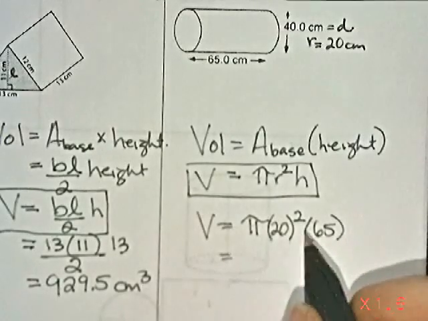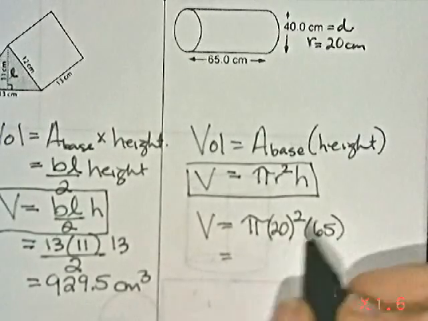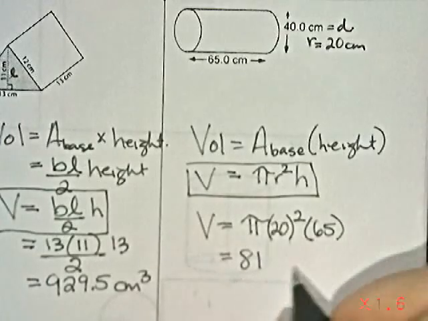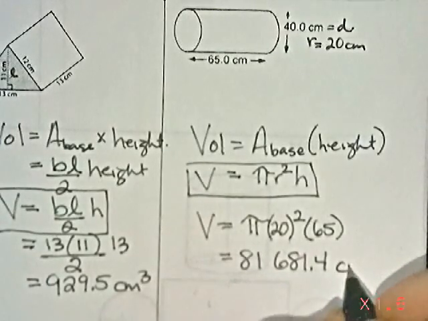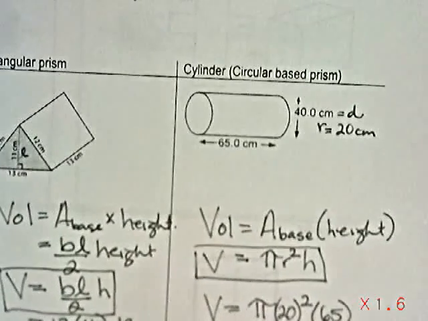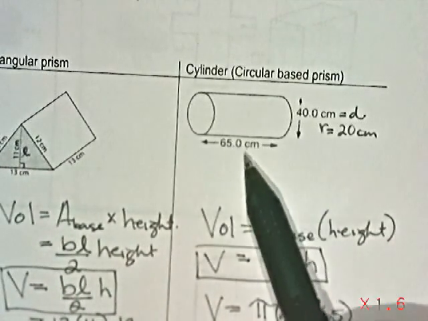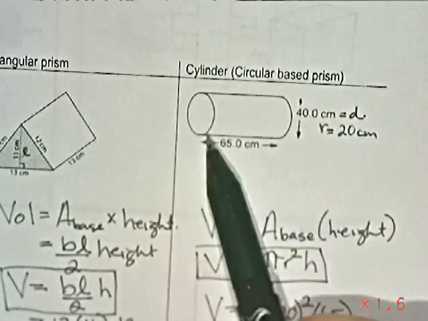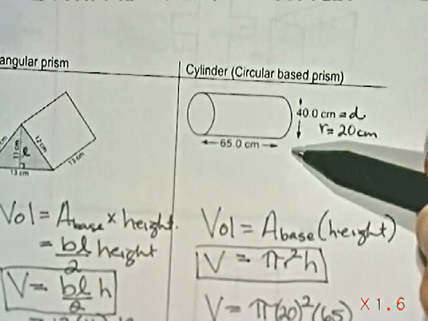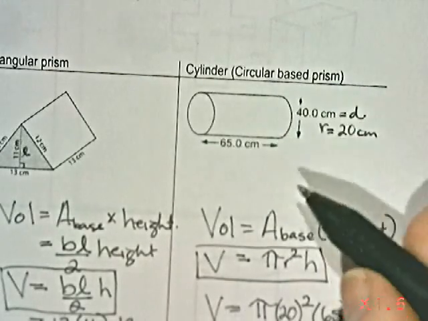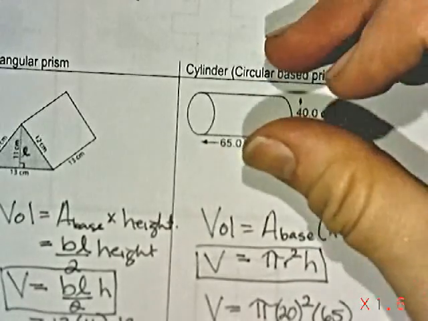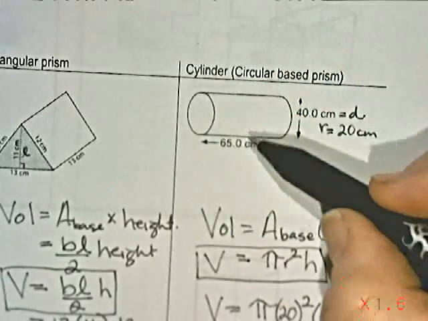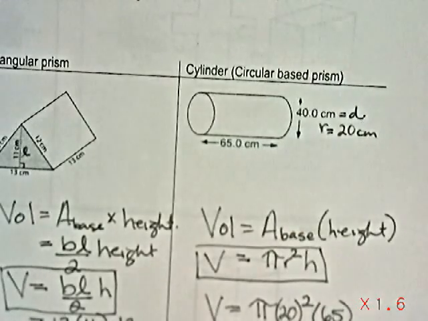And 3.14 times 20 times 20 times 65 comes out to a big whopping 81,681.4 centimeters cubed. And so if we had this at 65 centimeters by 40 centimeters in real life, not in a scale diagram, we could take 81,681 little centimeter boxes and fill up that space inside.